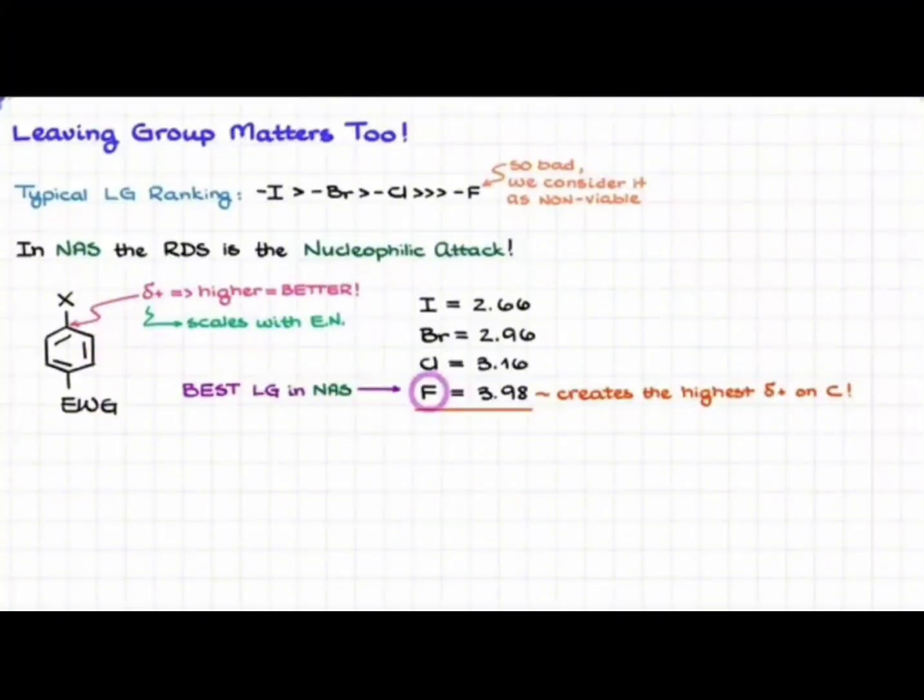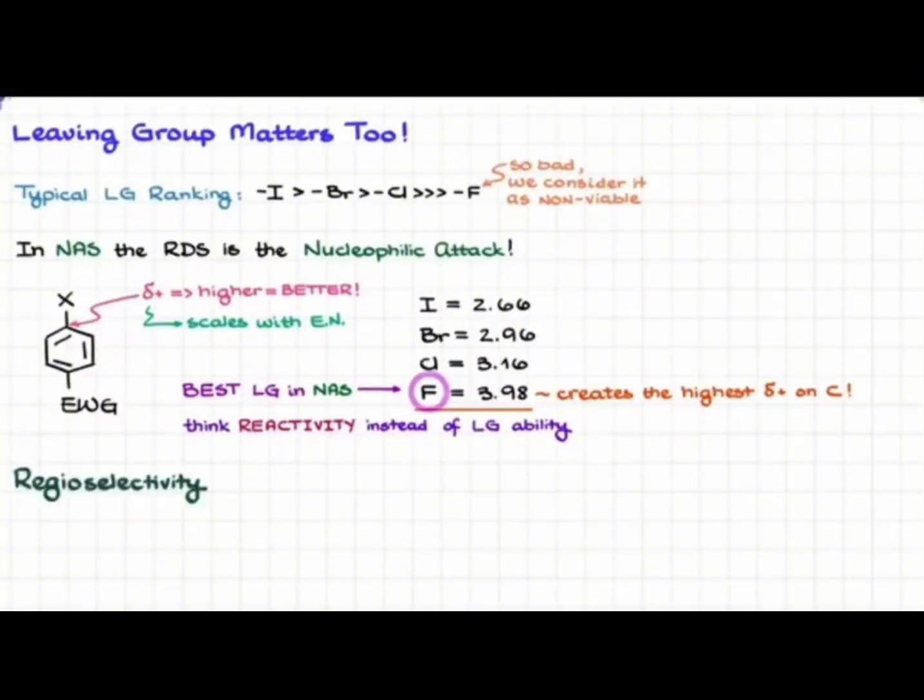And in this case, instead of thinking about our leaving groups from the perspective of the leaving group ability, we should be thinking about those from the perspective of the reactivity towards the nucleophile. A strongly electron withdrawing fluorine is going to make the carbon to which it is attached very electrophilic, making reaction with a nucleophile very favorable.